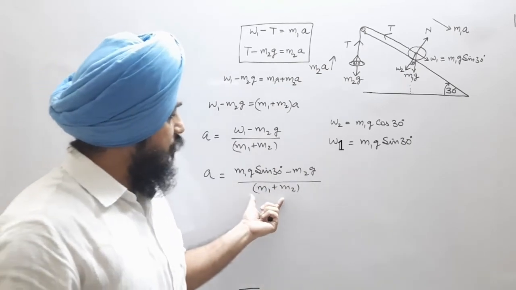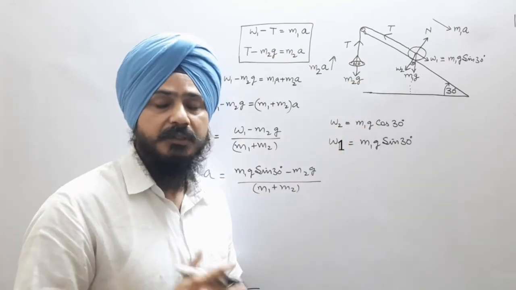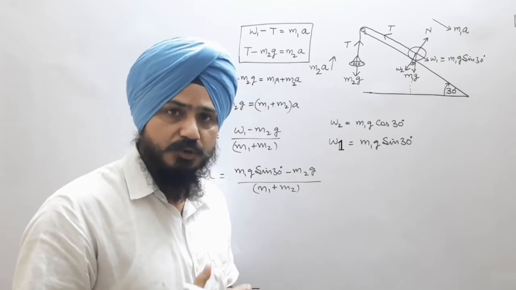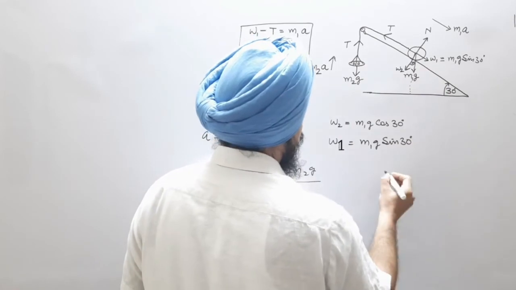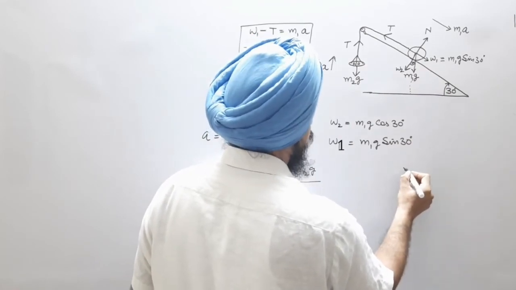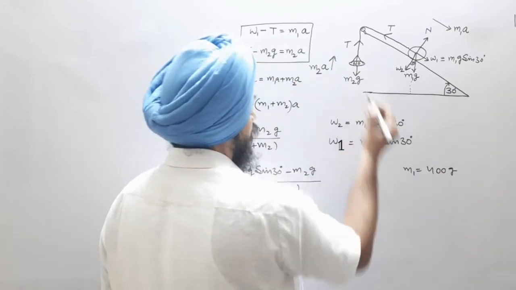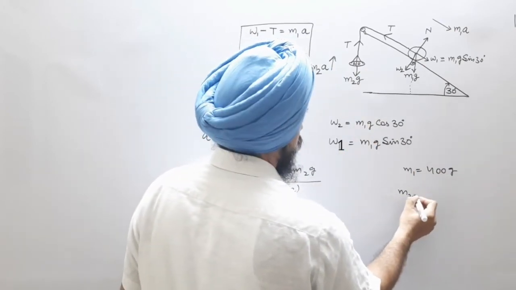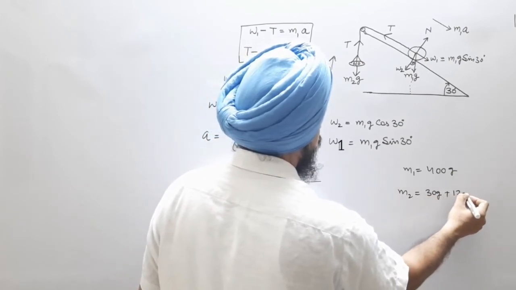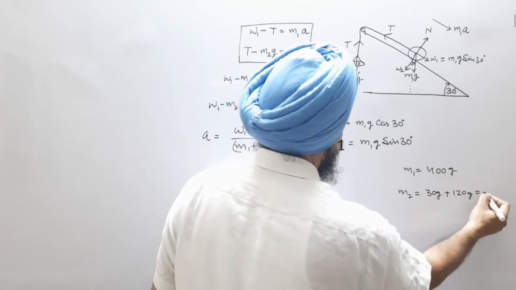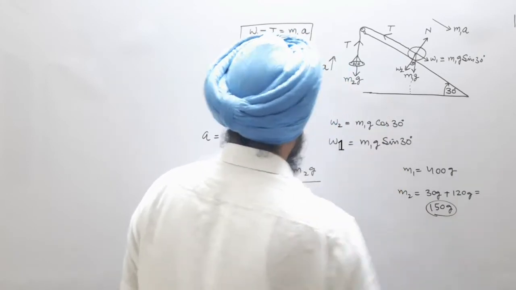If we put in the values of the weights which we measured in the demonstration problem, the mass of the roller was 400 grams, and we have 30 grams of pan plus 120 grams we put in, so it will be equal to 150 grams in our pan.